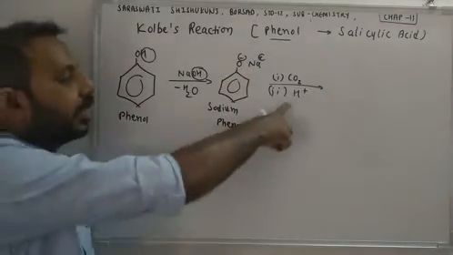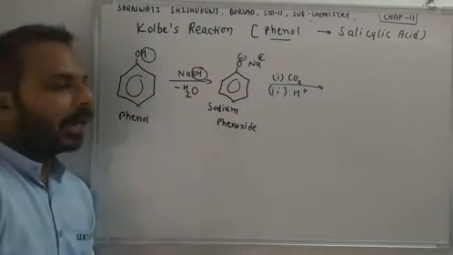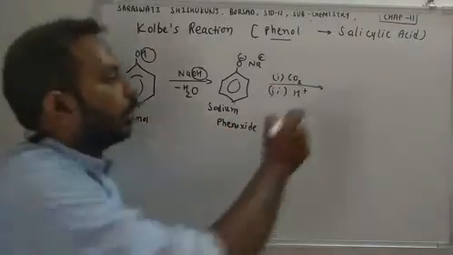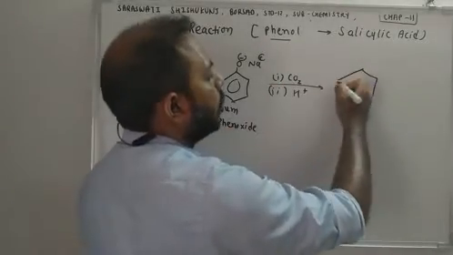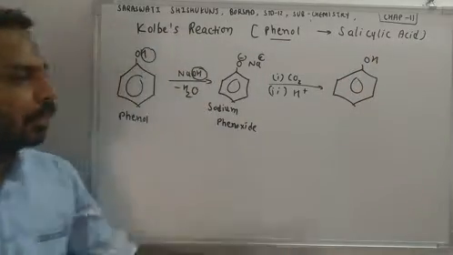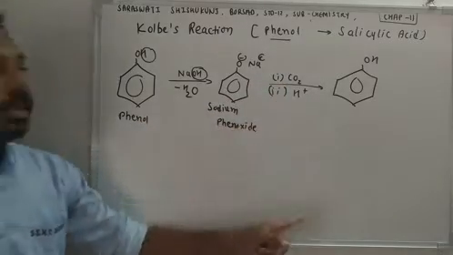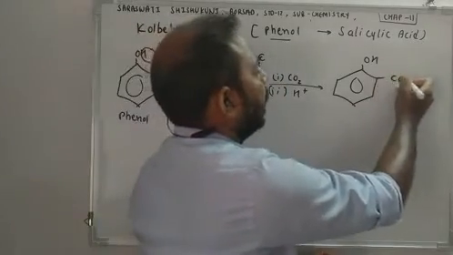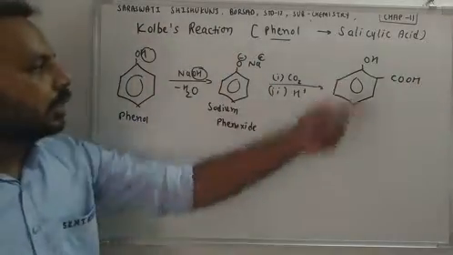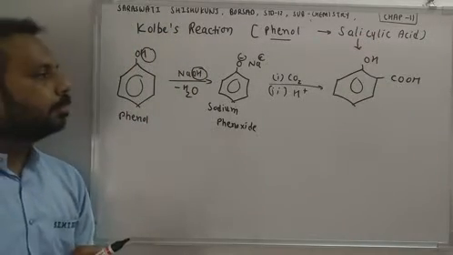The CO2 group is added at the ortho position. Because the second step is acidification, Na plus is replaced by H plus, and the CO2 group is added in the form of carboxylic acid. So the final product is salicylic acid.